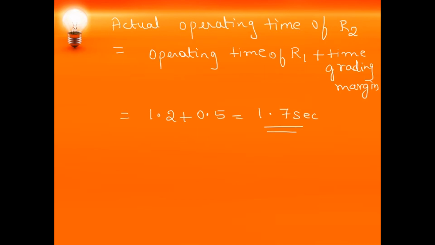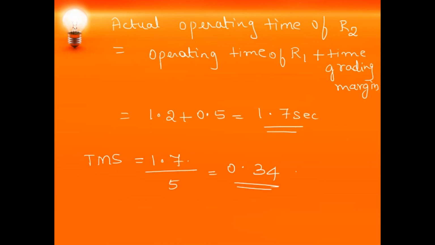Now TMS is 1.7 divided by the operating time. For TMS 1, PSM 4, the operating time was 5. So TMS is equal to 1.7 by 5, which is equal to 0.34. So this is the TMS obtained.